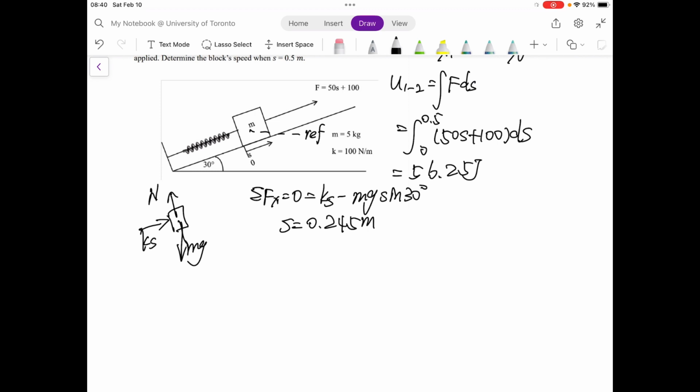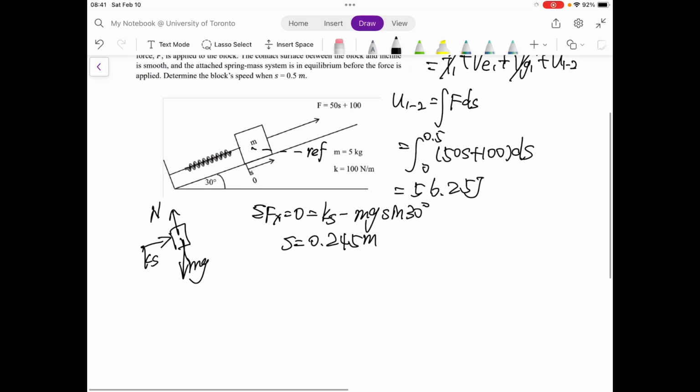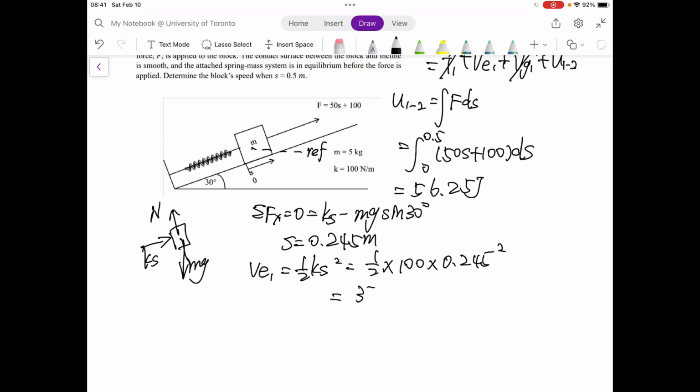That is the displacement of the spring at the first time. So we have Ve1 is equal to 1 over 2 Ks squared, 1 over 2 times 100 times 0.245 square, which is equal to 3 joule.